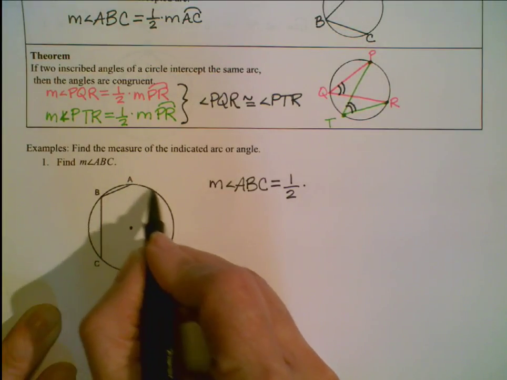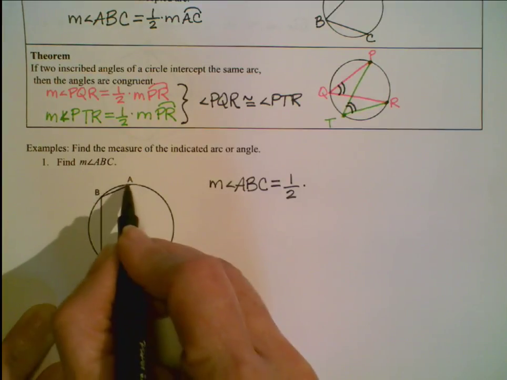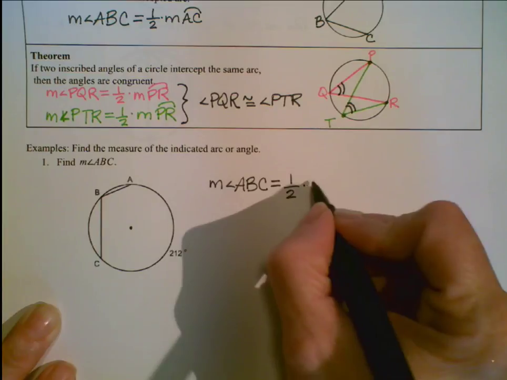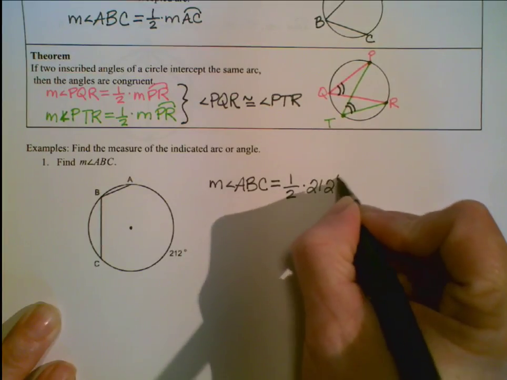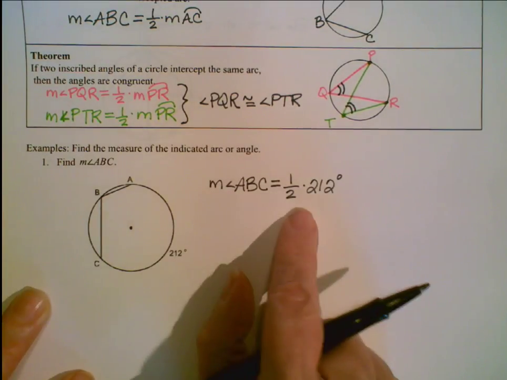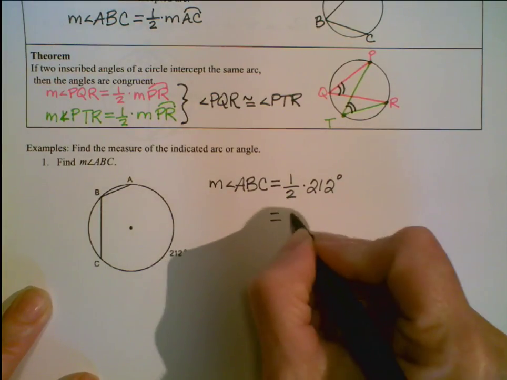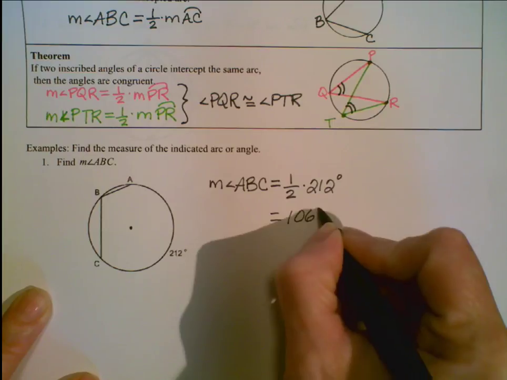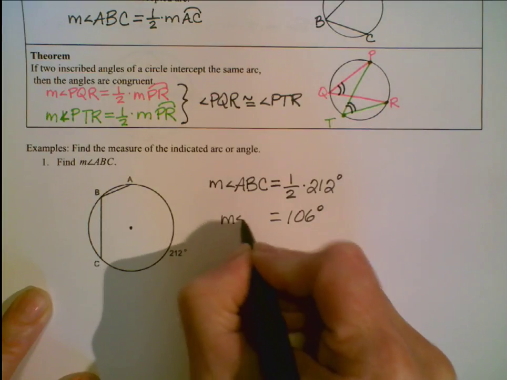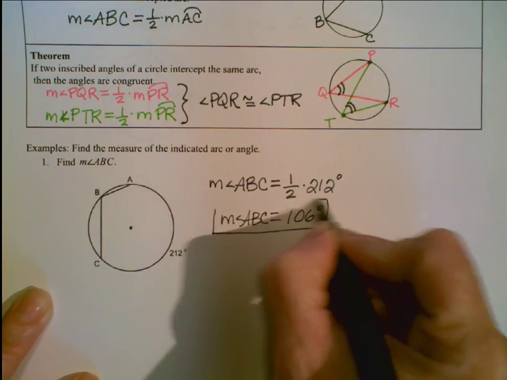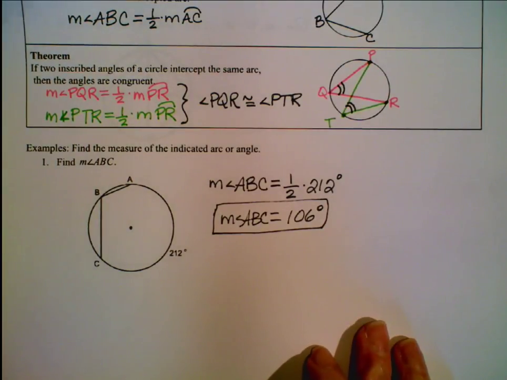If I start at A, stay inside that angle, and go to C, the other endpoint, this makes an arc of 212 degrees. So the measure of angle ABC will have to be 1/2 of 212 degrees. So 1/2 of 212 is 106 degrees for the measure of angle ABC. And that takes care of our first example.